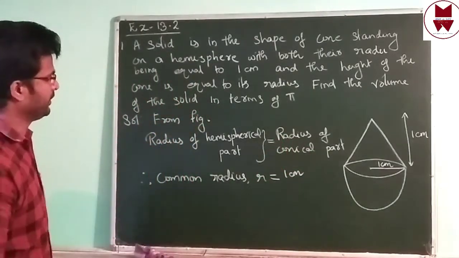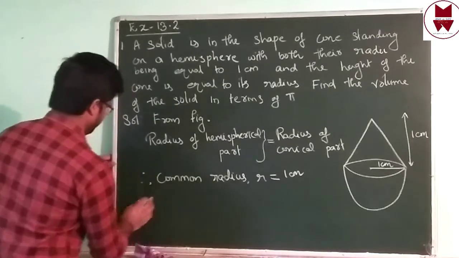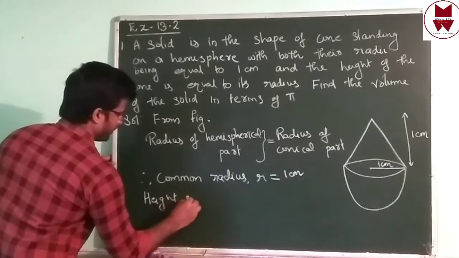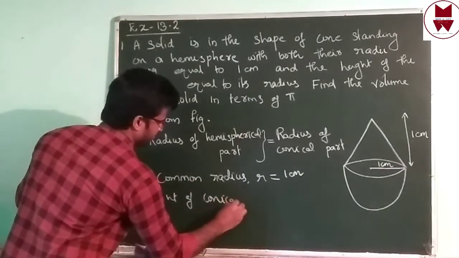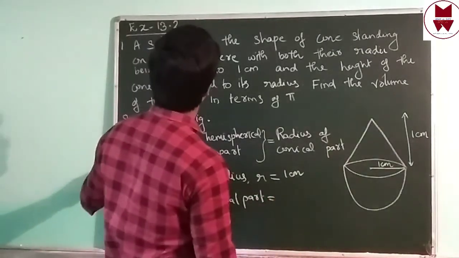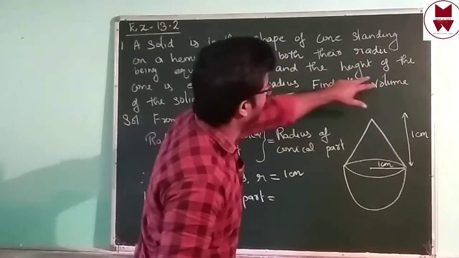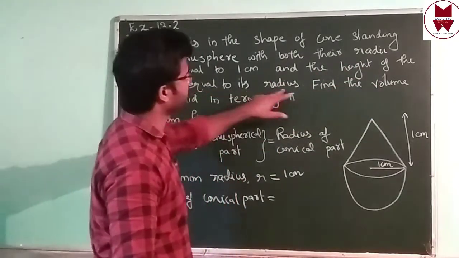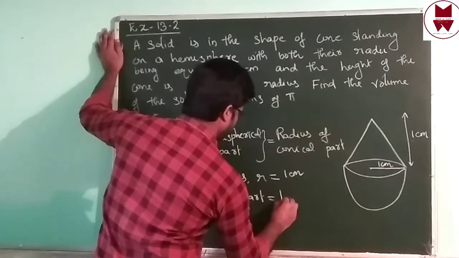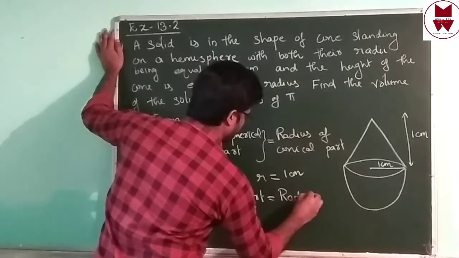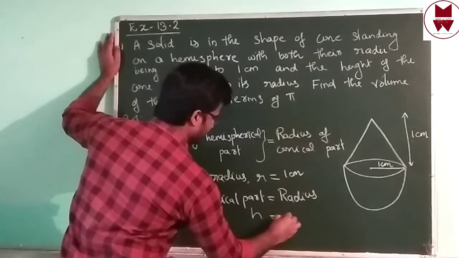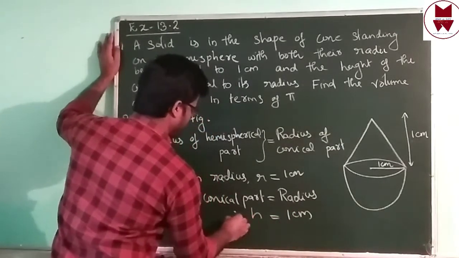Common radius already given, that is 1 centimeter. Then again, height of conical part. From the question, the height of the cone is equal to its radius, isn't it? We can write height of the conical part equal to radius. Radius and height equal. That's why we can write h equal to 1 centimeter. Therefore, h equal to 1.